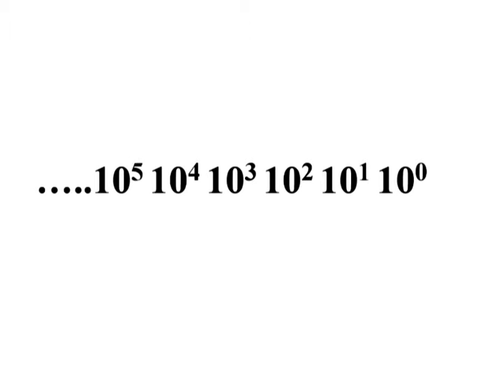The position of each digit in a decimal number indicates the magnitude of the quantity represented and can be assigned a weight. The weights for whole numbers are positive powers of 10 that increase from right to left, beginning with 10 to the power 0 equal to 1, as shown here.